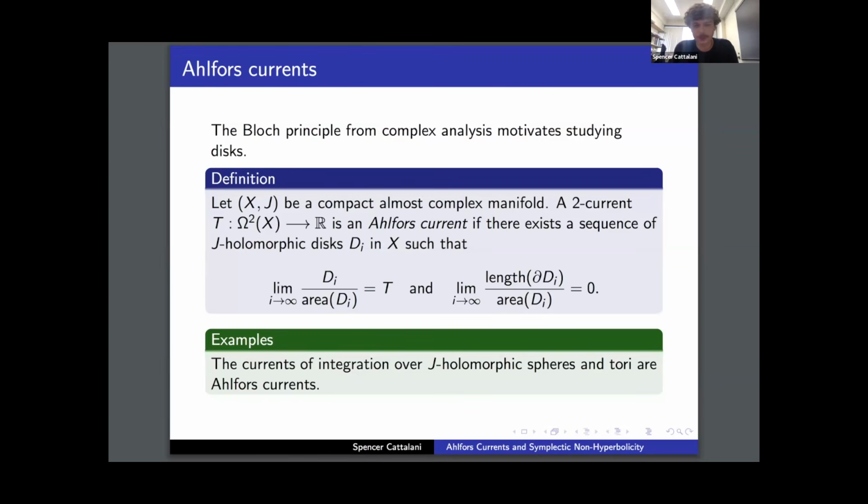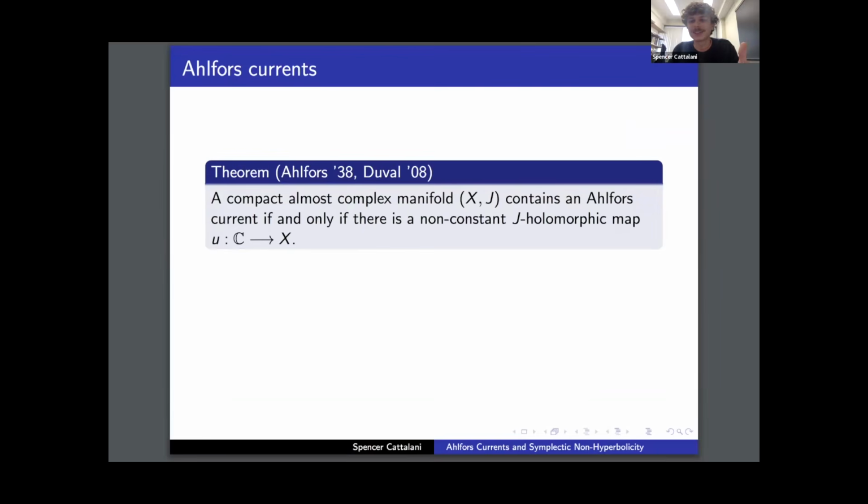So it's much, much easier to study than a complex line directly. As far as generalizing Bangert's theorem, we have this theorem, which is actually two separate theorems. It says in a compact almost complex manifold, the existence of an Ahlfors current and the existence of a complex line are equivalent.